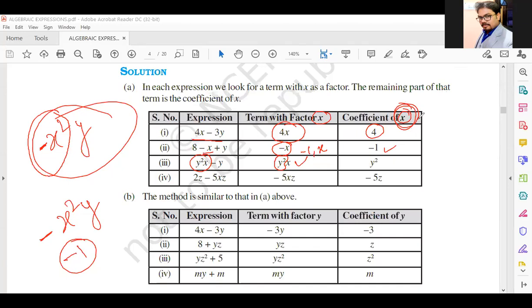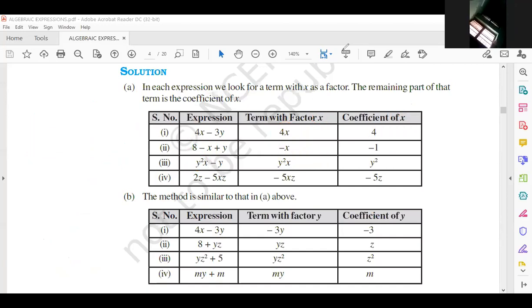Yes or no? Yes, sir. Sure? Is it going to be clear? Clear, sir.